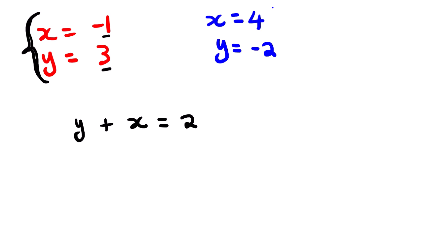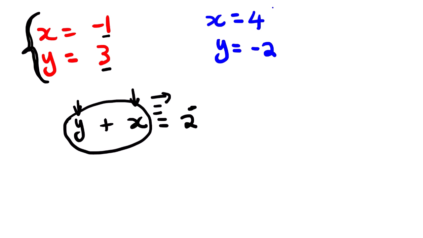Where we see y, we substitute by 3. Where we see x, we substitute by -1. And then when we simplify this side, it must be equals to 2. Now we have 3 minus 1. You can see that 3 minus 1 is equals to 2, which is also equals to the right hand side. So this verifies that these solutions are correct.